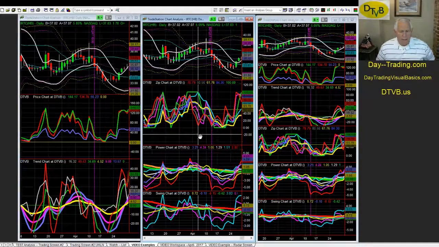And on this day right here, we have what is referred to as a red spike. That's with zip red spiking down below 50, and the zip yellow spiking down above 50. That would normally indicate an uptrend, a next day up.